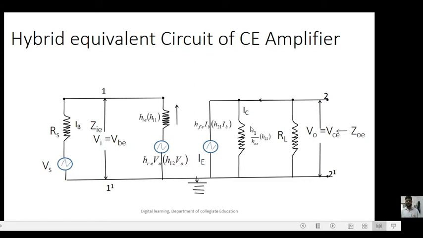IC is the collector current flowing into the output section of the amplifier. 1 by HOE is the output impedance, H22. RL is the load resistance and V0 is the output voltage, which can be measured across the ground to the collector in the output section.